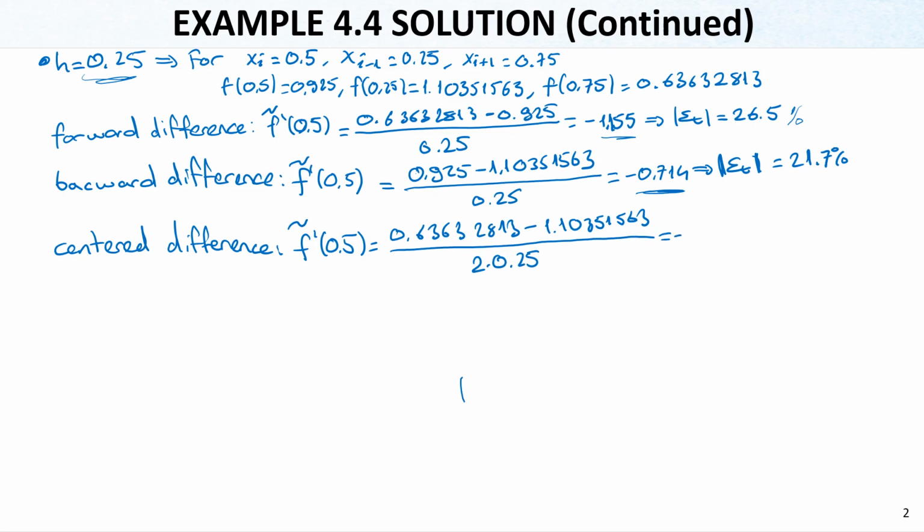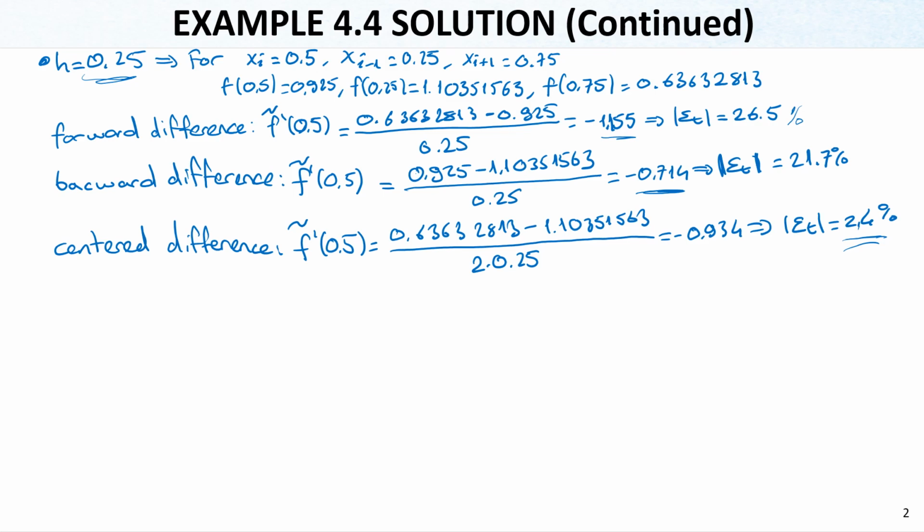From here the result is 0.934. This is very close to the true derivative value. That's why the relative error becomes 2.4%. It's reduced dramatically. You can see it's very accurate, 2.4. So this shows the effectiveness of the center difference for finding an accurate result of the derivative.